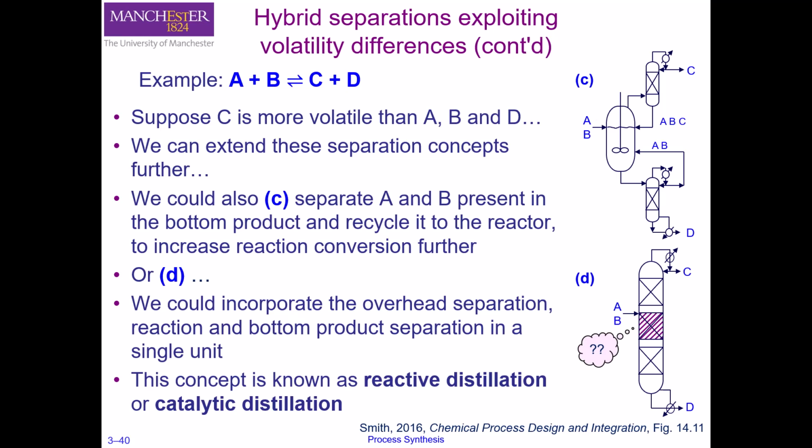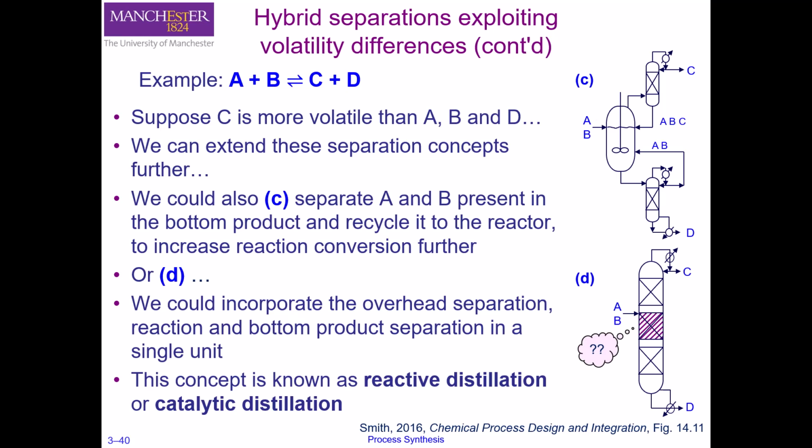We could do those separations using some separation stages, but this is starting to sound like a distillation column again. We need some reaction to take place inside the distillation column. If we can find some way of making the reaction happen, this can be engineered.